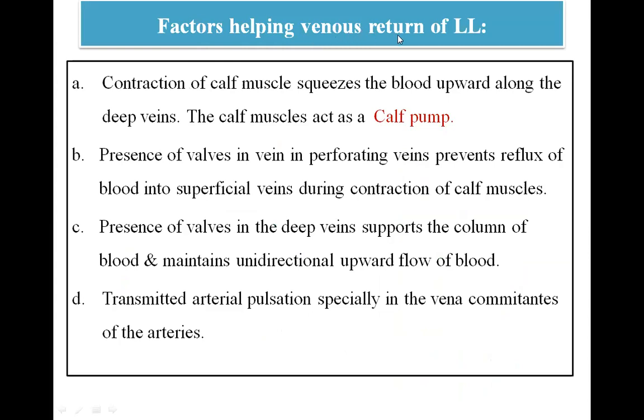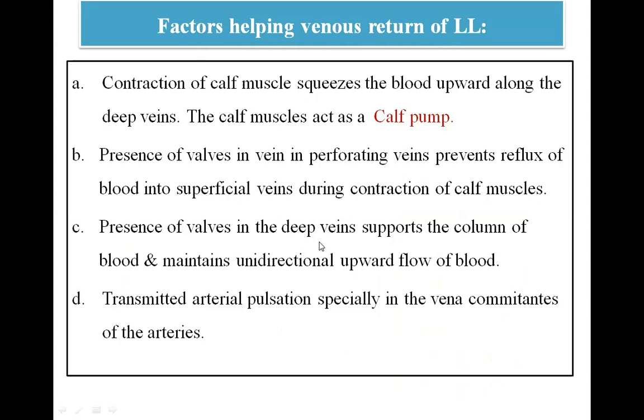Factors helping the venous return of the lower limb. Contraction of the calf muscle squeezes the blood upward along the deep vein. The calf muscle acts as a calf pump. Presence of valves in the perforating veins prevents the reflux of the blood into the superficial veins during the contraction of the calf muscles.